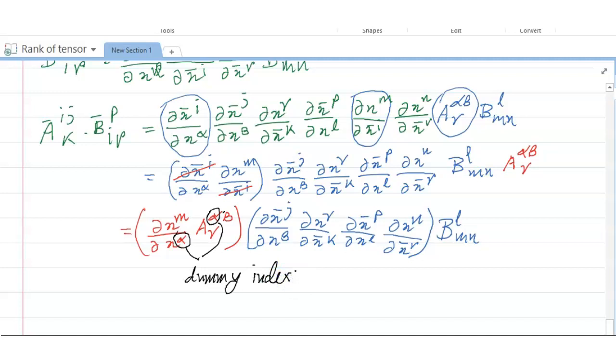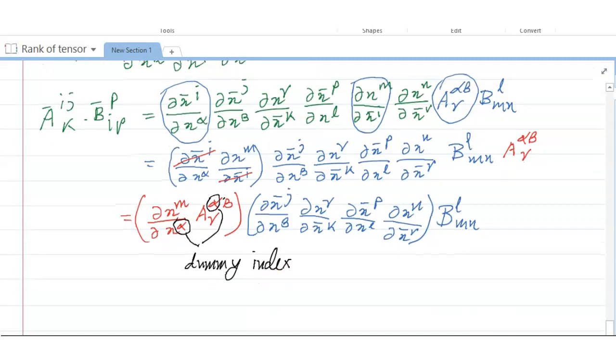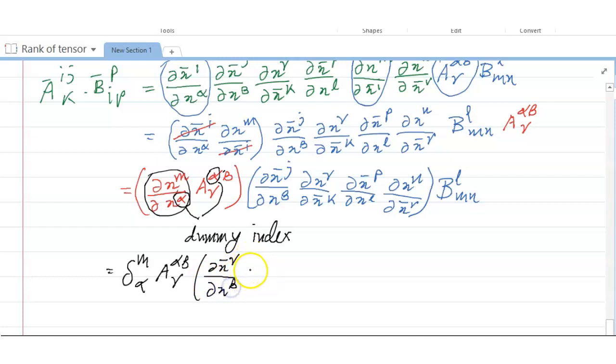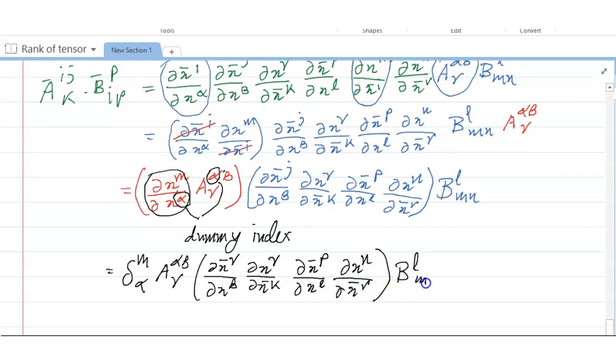So friends, I can write this fact: ∂x^m/∂x^α is equal to the Kronecker delta δ^m_α, and A^{αβγ} into ∂x̄^γ divided by ∂x^β, ∂x^γ divided by ∂x̄^k, ∂x̄^p divided by ∂x^l, ∂x^n divided by ∂x̄^r, into B^{lmn}.